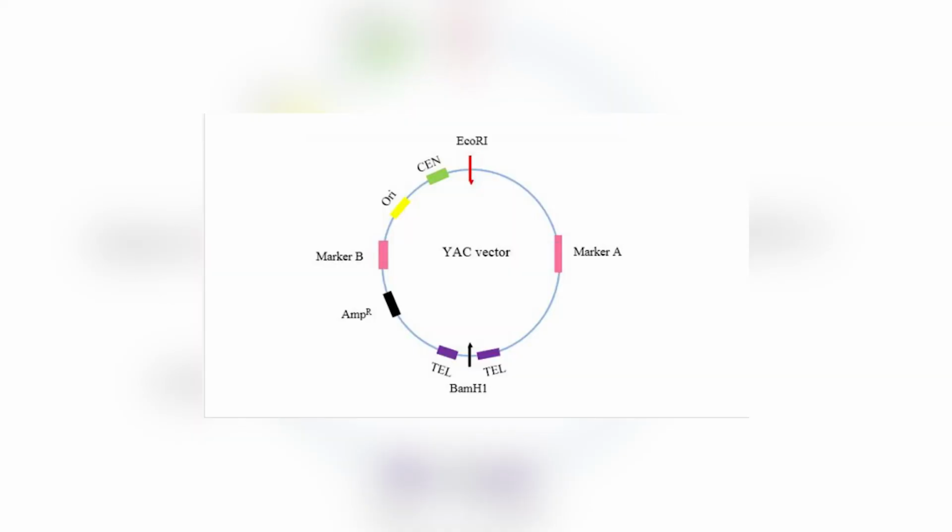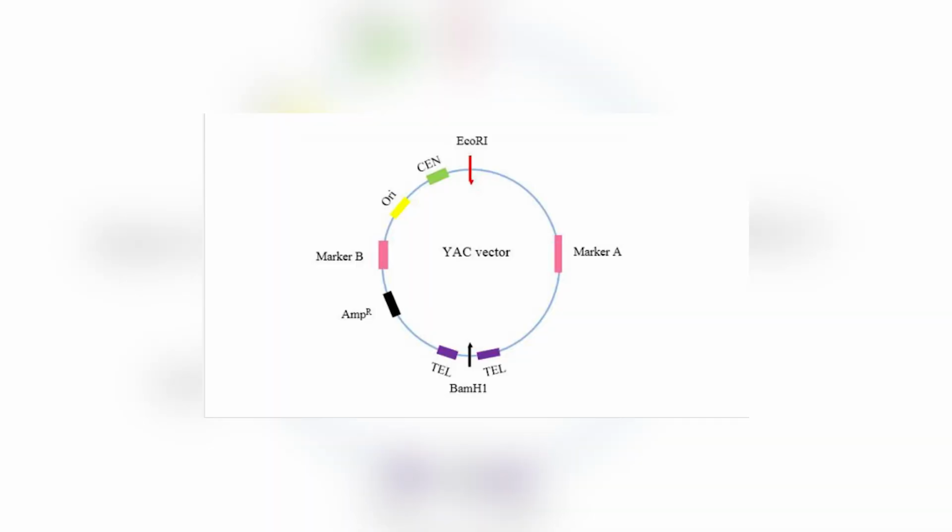So, here we see how the YAC, or yeast artificial chromosome, has been created, mostly derived from the plasmid pBR322, where we have inserted such sequences. We have designed it in vitro with the help of recombinant DNA technology. It is showing the marker sequences, centromeric sequences, ori sites, and telomeric sequences.